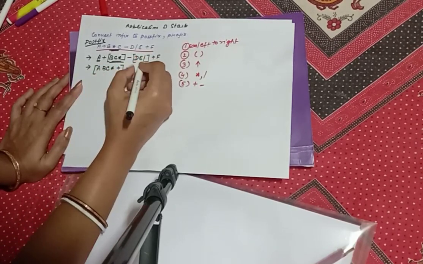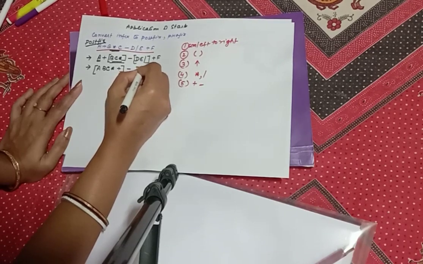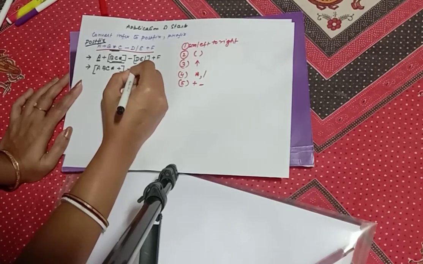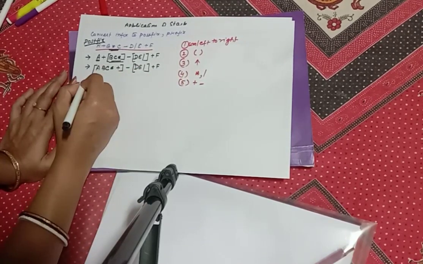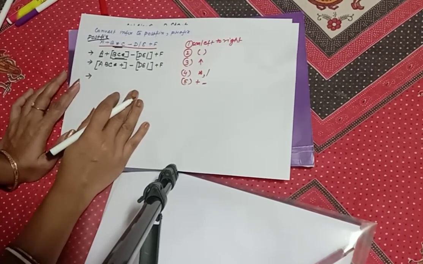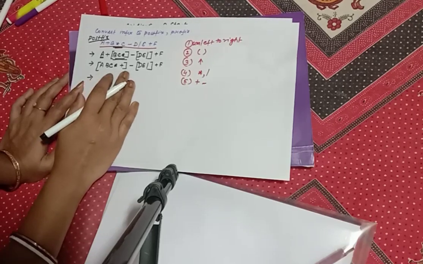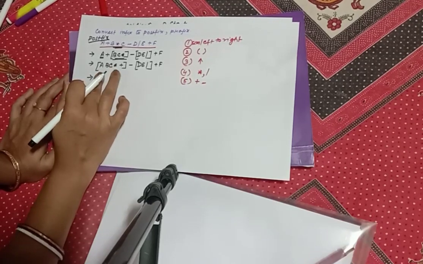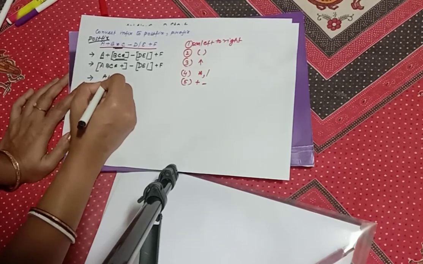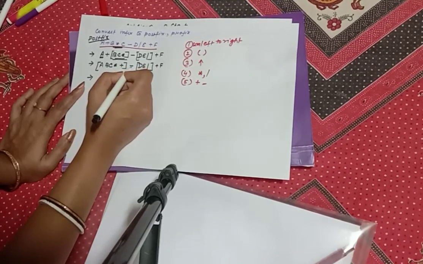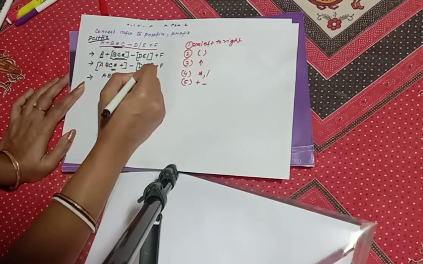Now we will write the rest as this only. Next, again we are going from left to right. Here comes the subtraction. So we write A, B, C, and subtraction is placed in between this operand and this operand.